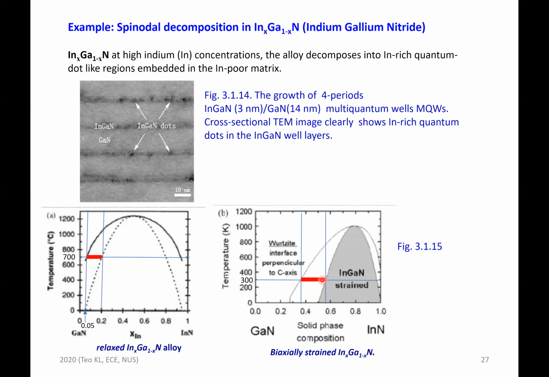So by straining the indium gallium nitride, or growing strained indium gallium nitride on gallium nitride, I can change the phase diagram. I can actually grow at a higher composition of indium gallium nitride for my desired property.